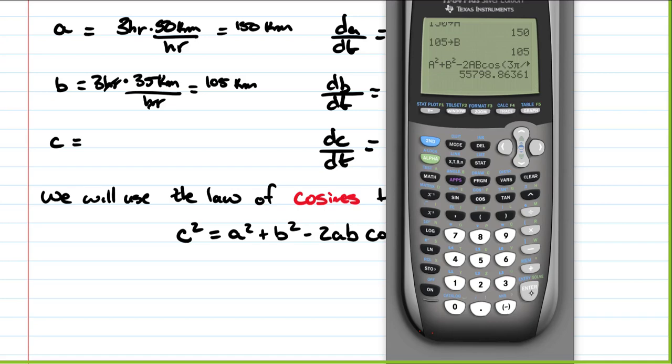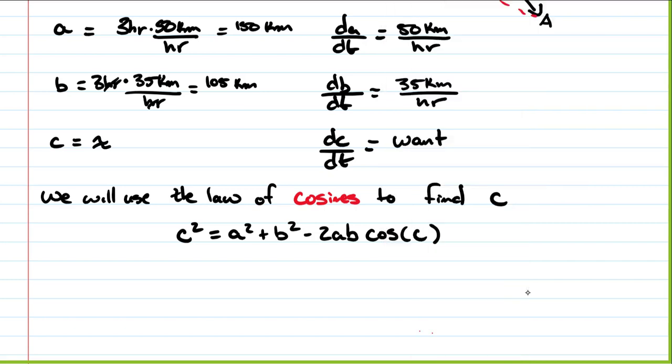That's c squared, and I want c, so I'm going to go second, square root, answer, and I get this value, and I'm going to store that in my calculator as c, because I'm going to need that later. I'll write down an approximation, about 236.2 kilometers, and take note that it's in my calculator as c. I'll just use the exact value in my calculator.